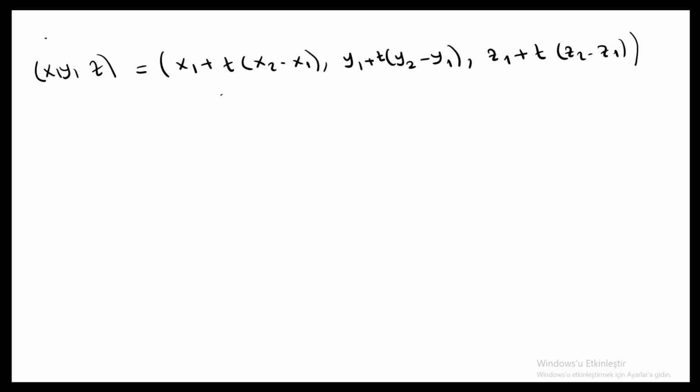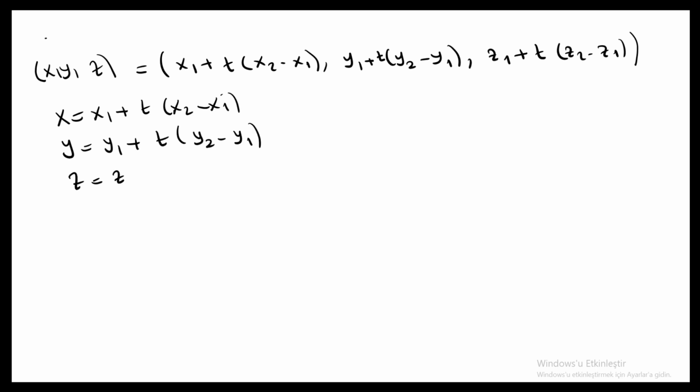From here, first we have x equals x1 plus t times (x2 minus x1), y equals y1 plus t times (y2 minus y1), and z equals z1 plus t times (z2 minus z1).